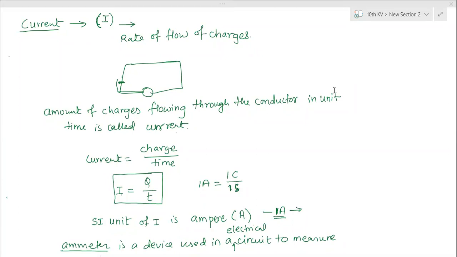After this definition, this formula, then this part. The SI unit of current is 1 ampere, and here write the definition of 1 ampere.